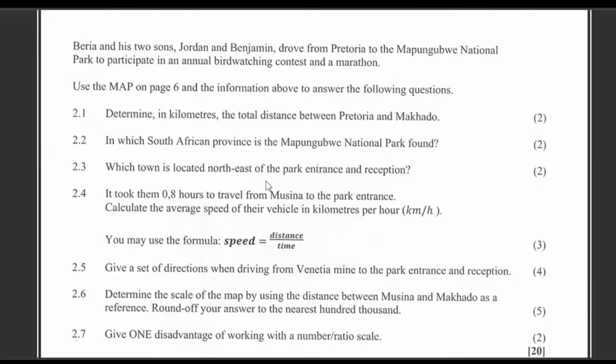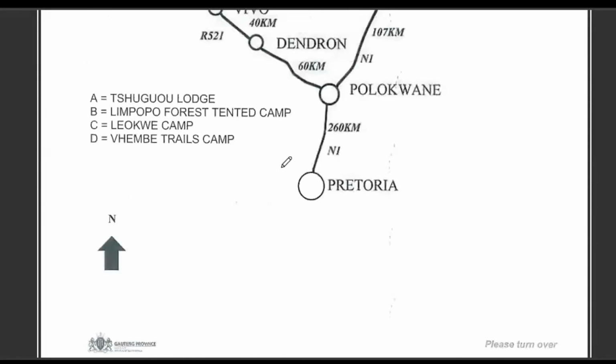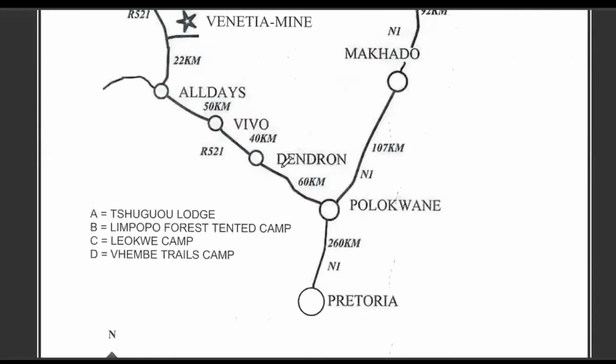Determine in kilometers the total distance between Pretoria and Mahodu. So here you're supposed to come here. Come, check, this is Pretoria. So Pretoria to Polokwane, supposed to take that. Plus, then from Polokwane, you need to go to this side, which is what? 107.